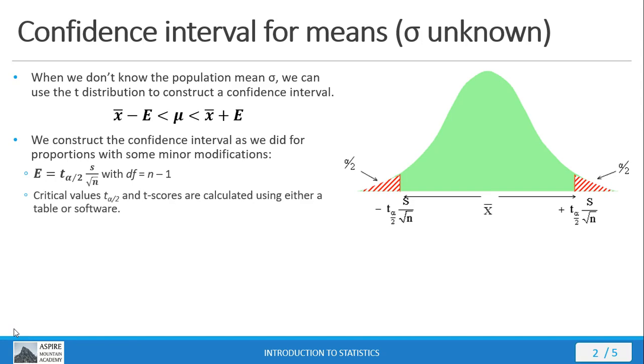Our critical value t sub alpha over 2 and the corresponding t-scores are calculated using either a table or software. We'll look specifically at that point in the next mini lecture. And then with either tables or the software, we're going to use n-1 degrees of freedom in order to calculate the critical value that we need to calculate the margin of error.